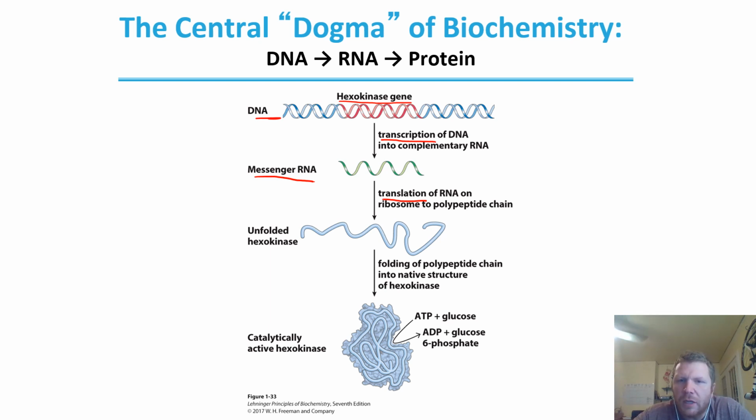That polypeptide chain subsequently folds into an active hexokinase. So these are all things that are important for y'all to appreciate. I just wanted to use this terminology, the central dogma of biochemistry. If you know of it as the central dogma of molecular biology, we're in the same boat.